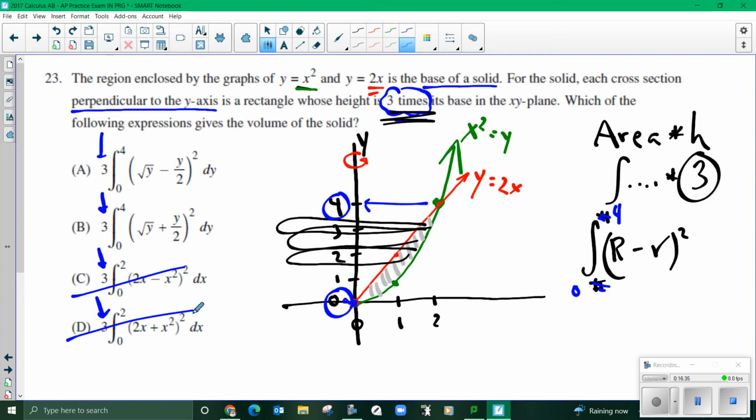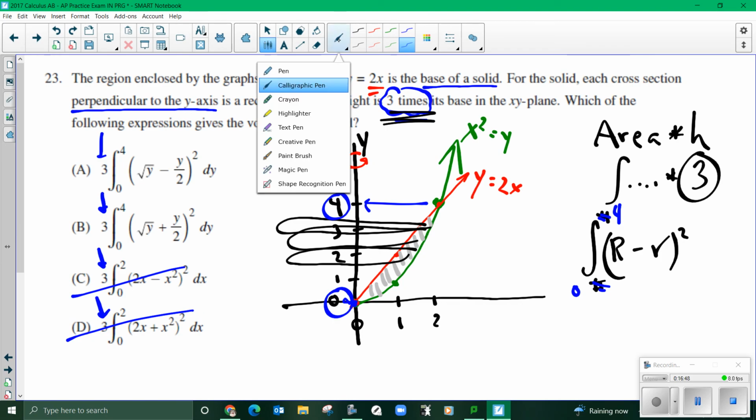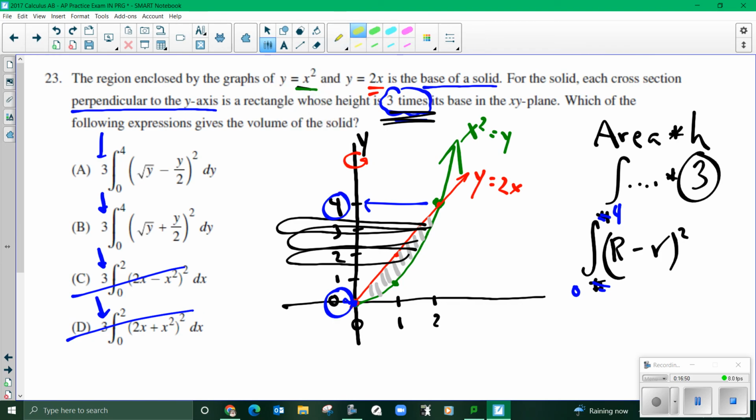Okay, and now I need to take my bigger equation and subtract my smaller. But this is something I always try and drive home. If I'm rotating around the y, my bounds need to be y's, which they are, 4 and 0. But also my equations need to have y's in them. Everything needs to be y's. I need to have y variables. Right now, I have y equals, and then I have my x variables here.